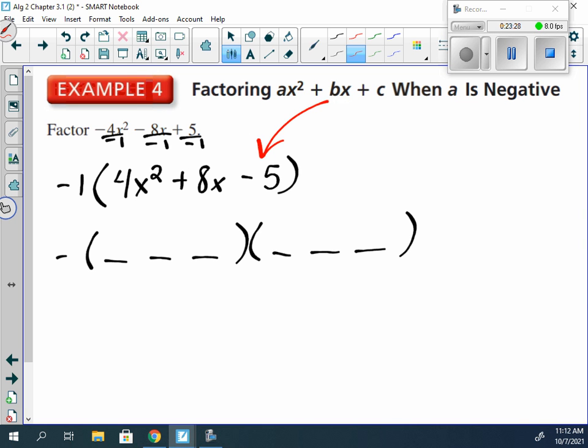Well, since the third term is negative, the signs are going to be what? Opposite. If the third term is negative, our signs are opposite. One's going to be positive, one is going to be negative. And again, I just put positive first, negative second. It's just personal habit. It doesn't matter how we set it up. You get to pick which one you want to put first.